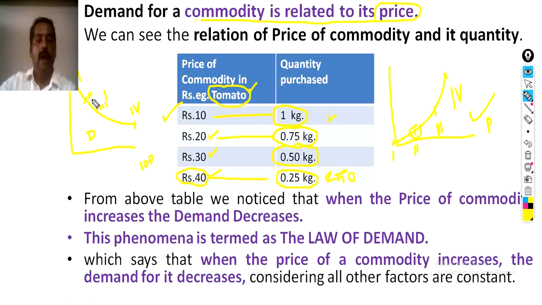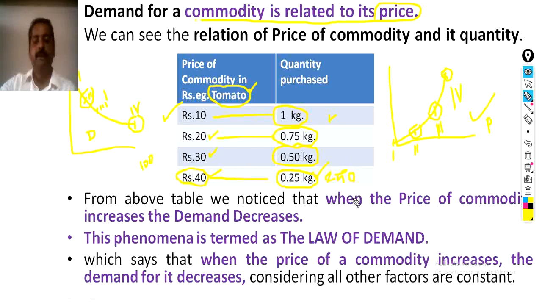Now the price increases a little bit, say to 20 rupees per kg. At that time I reduce my consumption of tomato and purchase 0.75 kg. Finally the price reached 40 rupees, and at that time I purchased only 0.25 kg, or 250 gram.